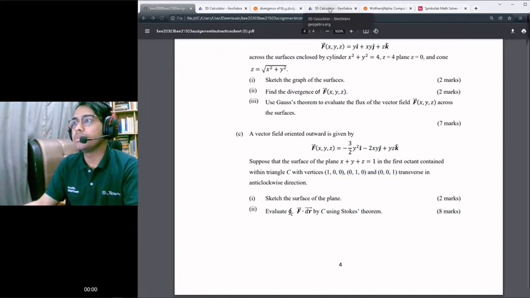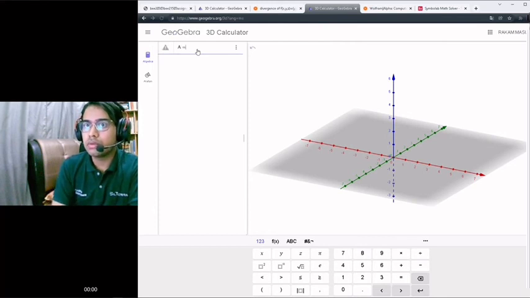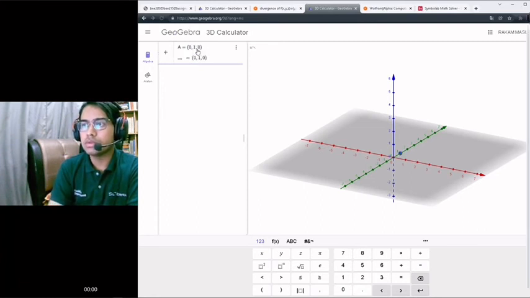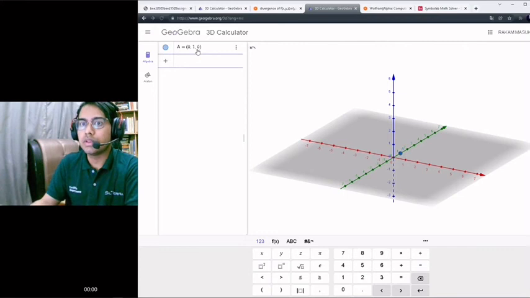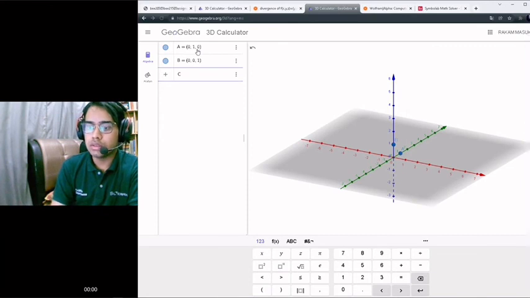Let's say A equals (0, 1, 0). This is the first value. B equals (0, 0, 1), the second value, and C equals (1, 0, 0).